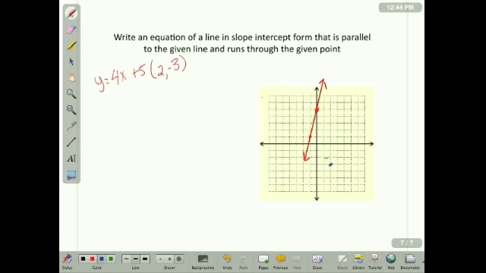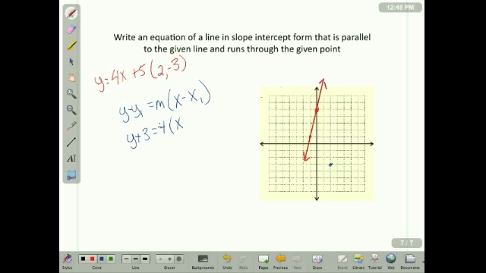And I know that that line is going to be parallel to this, so it's got to have the same slope. So I'm going to use the equation, the point-slope form equation. y minus y1 equals m parentheses x minus x1. And I'm going to plug in these values into my y1 and x1. y minus a negative 3 becomes a positive 3. My m is 4.